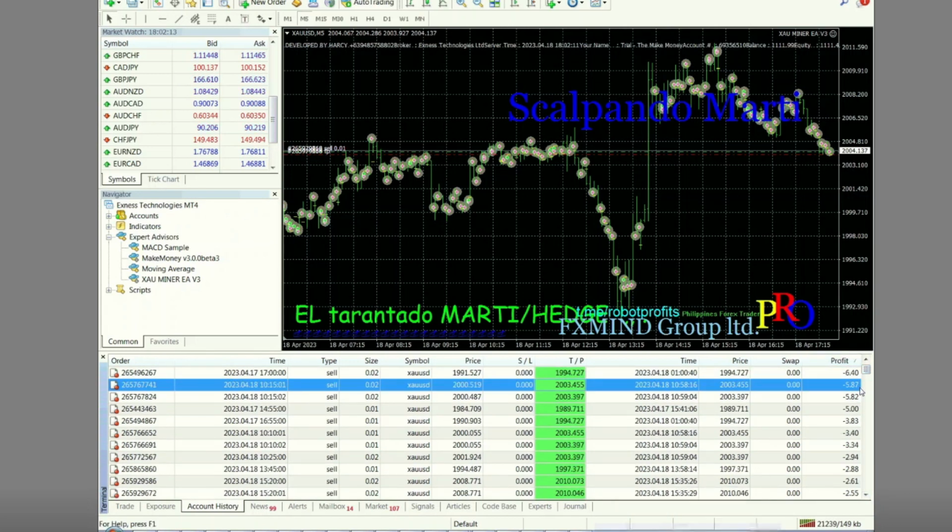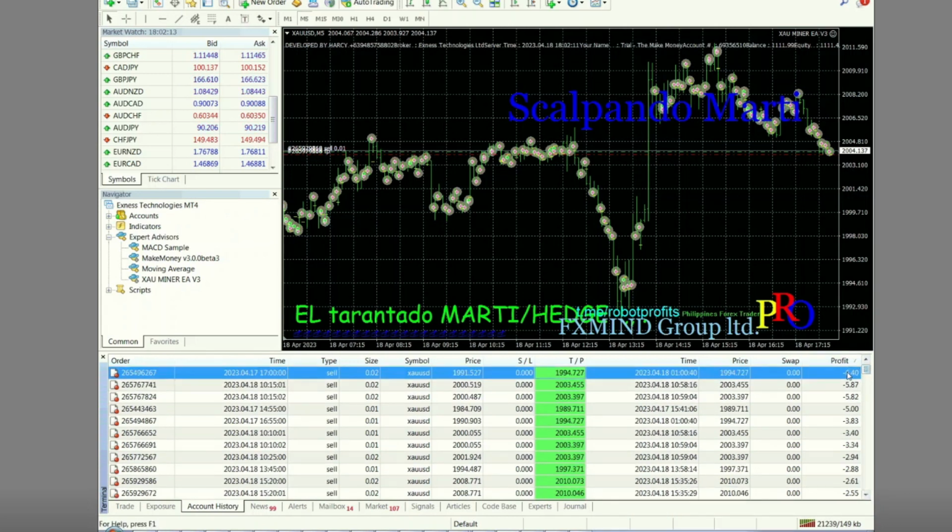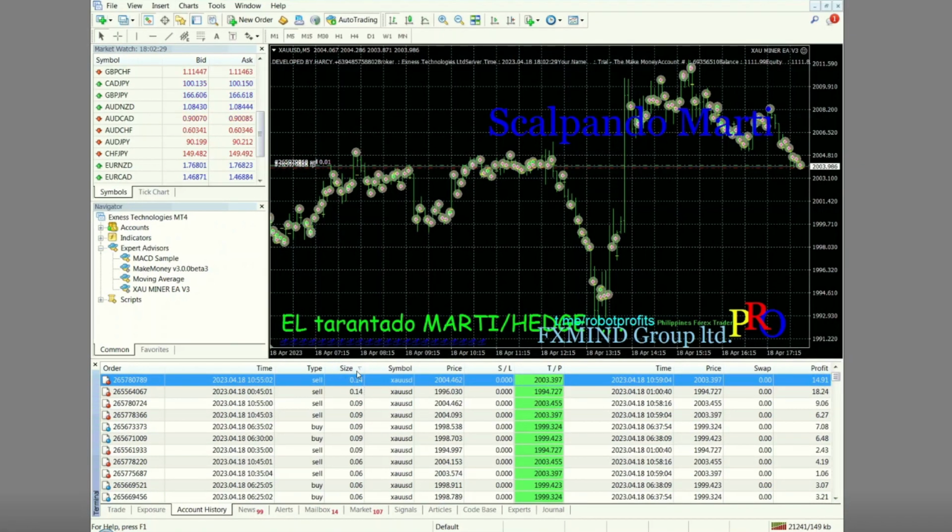The biggest loss per one trade is 6.40 USD with a lot of 0.02. And the largest lot from one transaction was 0.14 lots with a profit of 14.91 USD.